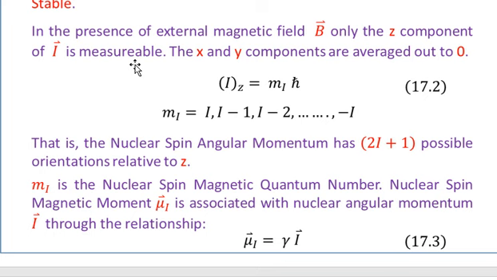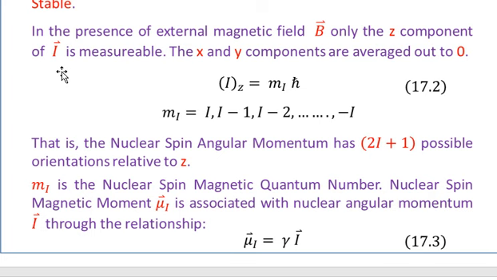So what happens when you apply the magnetic field B onto an atom, of course onto the nucleus? The spin angular momentum of the nucleus, which is represented by the vector I, actually starts its precessional motion about the magnetic field B. And when I starts precessional motion about the magnetic field B, then there are three components of the vector I. Those three components are referred to as IX, IY, and IZ.